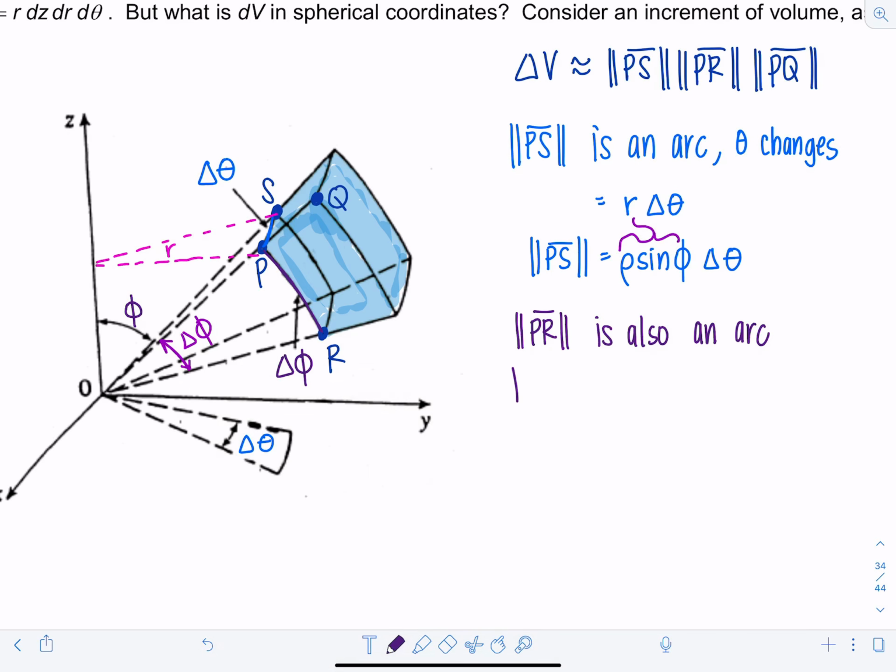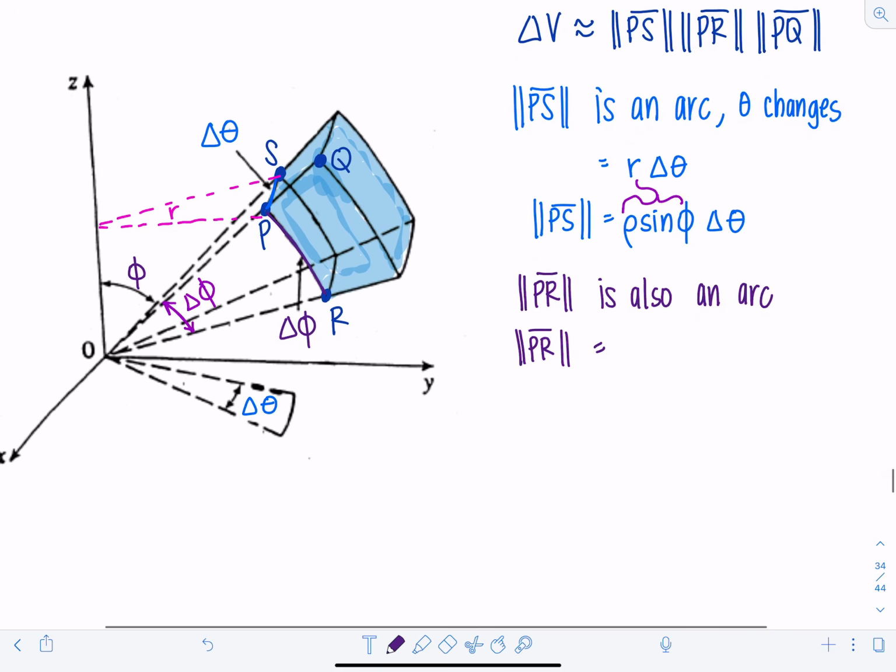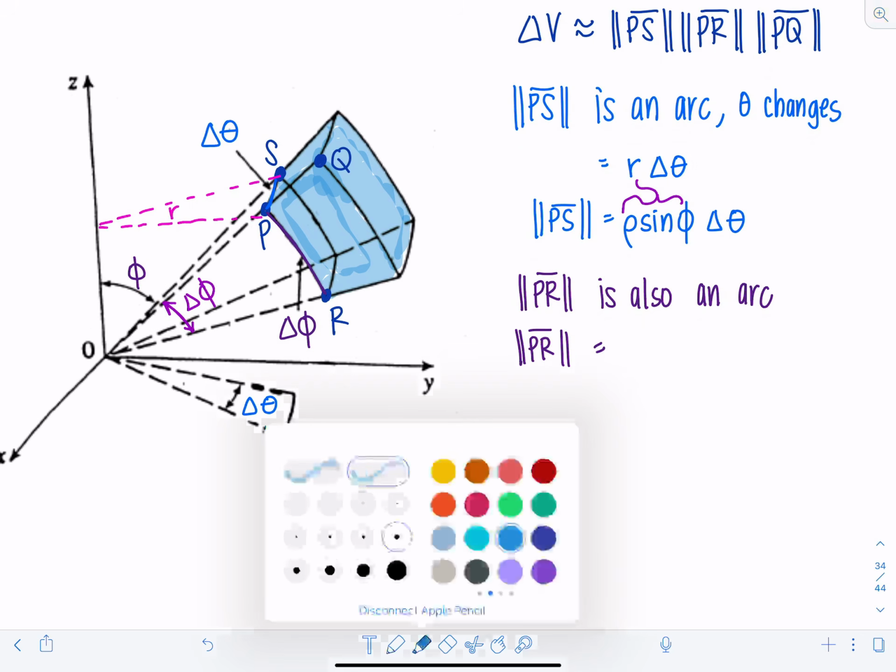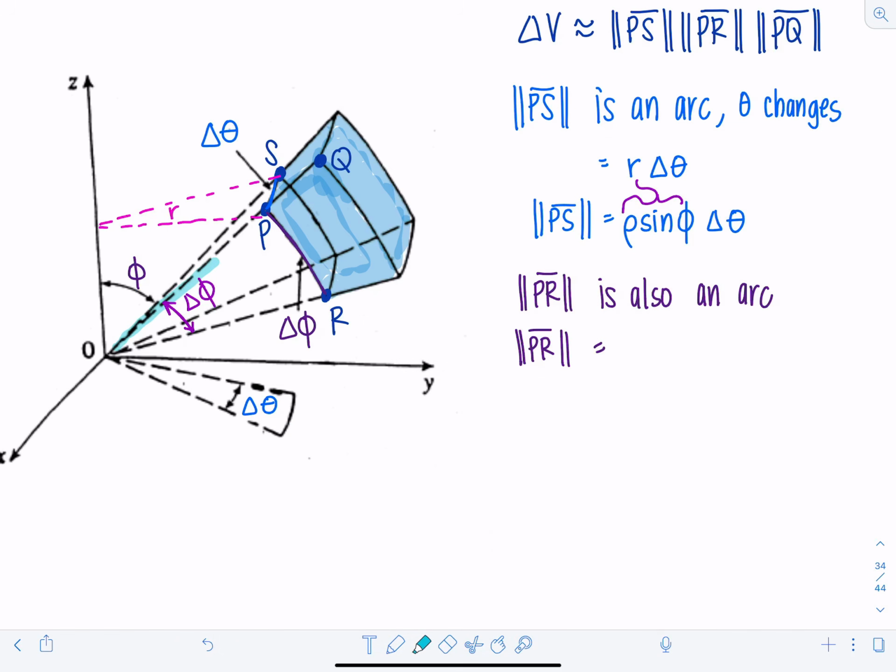That means its length, PR, is going to be given by, now notice in this case, the distance that PR is from the origin doesn't change, and it's equal to rho. Yes, shall we label that in there? Why not? I mean, we've got a lot to label. Let's do it. So this is rho right here.